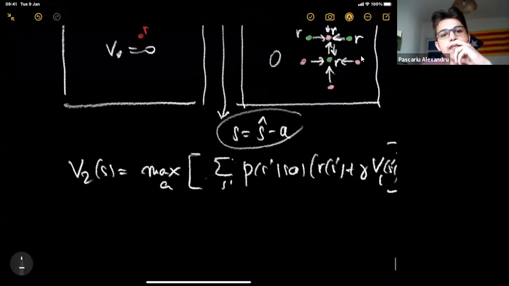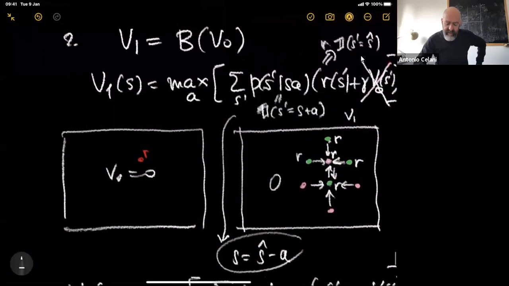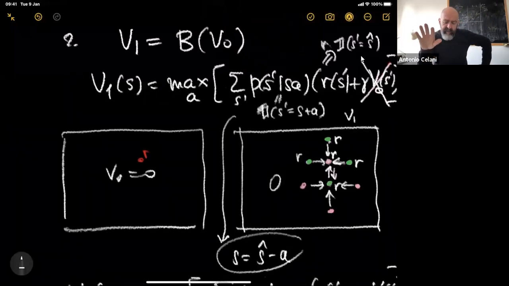So let me try and understand what your concern is, because this is a problem of planning. Okay, so first part of the answer, you can define this problem in different ways. This one of using the discounted version is one of many. So you can define this with a finite horizon if it's long enough.